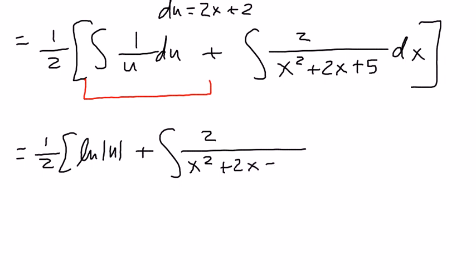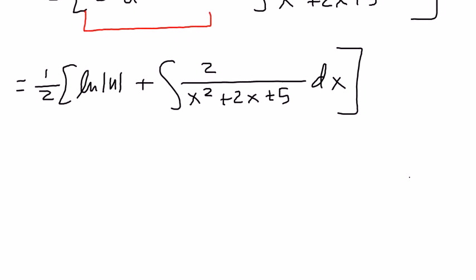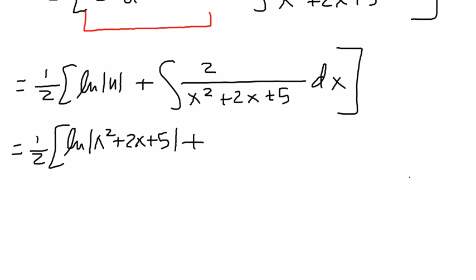And then the second term we just got to complete the square in the denominator and get it to look like something nice. Okay, so let's do 2 birds with 1 stone here. So let's re-plug in what u was, plus. To complete the square in the denominator I take half of this middle term here, 2, and I square it and add and subtract.